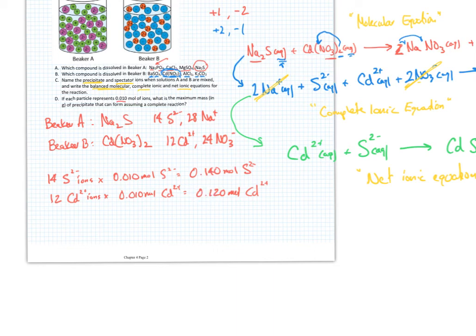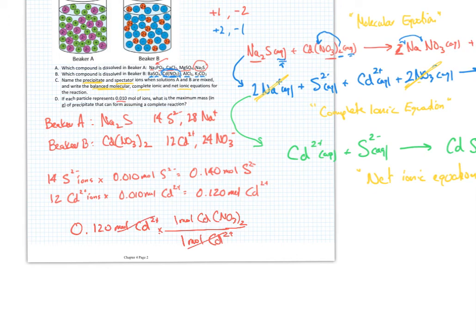All right, let's just finish off this problem then. We'll do it to completion. So we have 0.120 moles of cadmium 2+, and technically we need one more little calculation here. We need to have 1 mole cadmium nitrate, Cd(NO3)2, for every 1 mole of cadmium ions. Again, this happens to be in a 1-to-1 ratio.